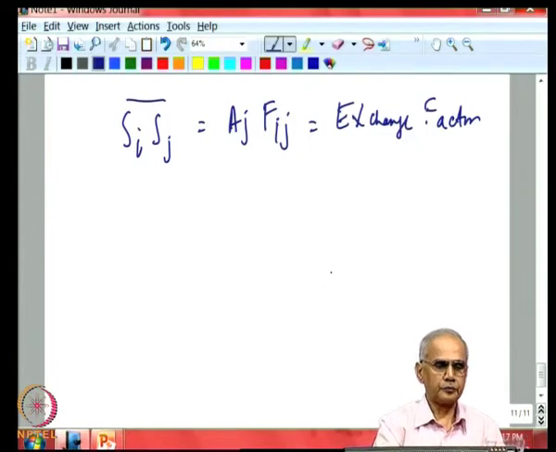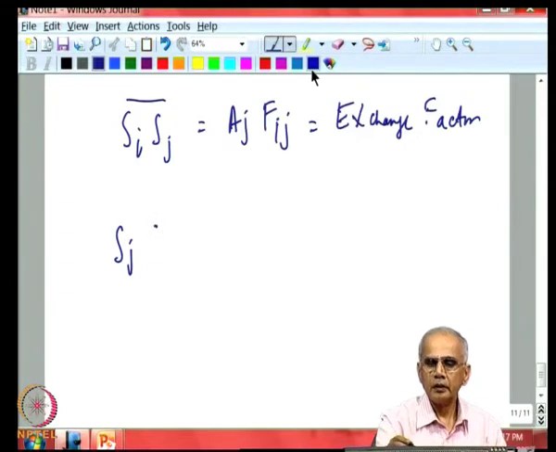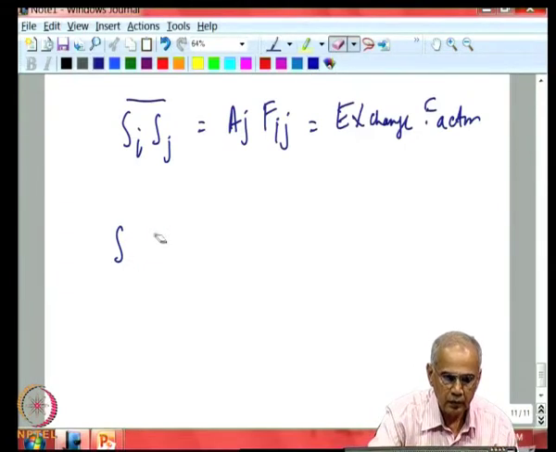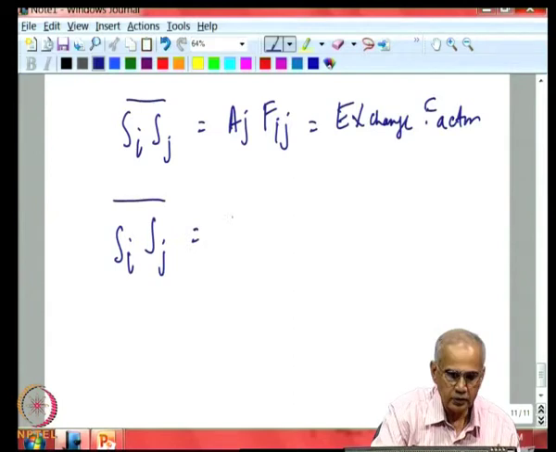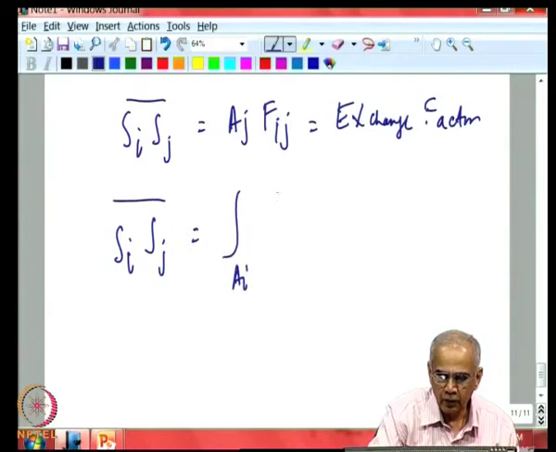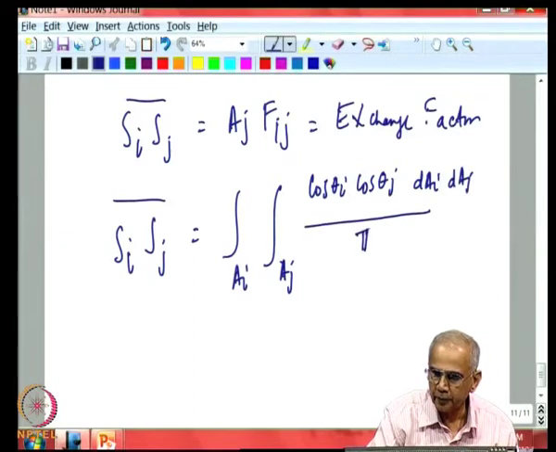And so, just to remind you, this exchange factor between 2 surfaces is by definition 1 over Ai, 1 over Aj, cos theta i cos theta j, dAi dAj, by pi s squared. We have done this already many times.